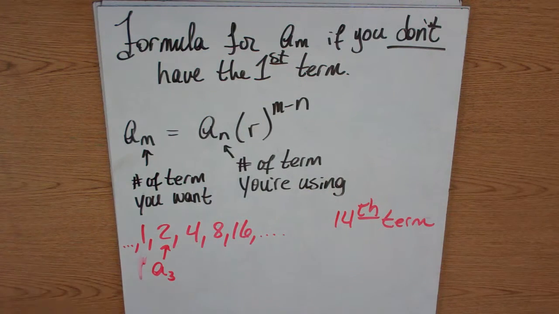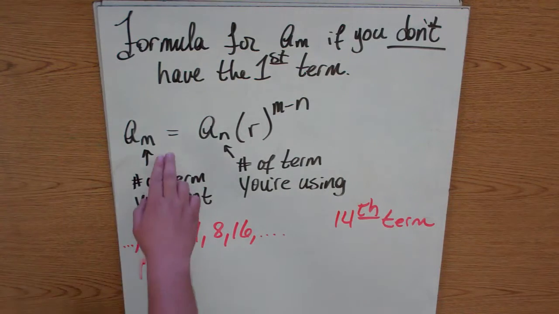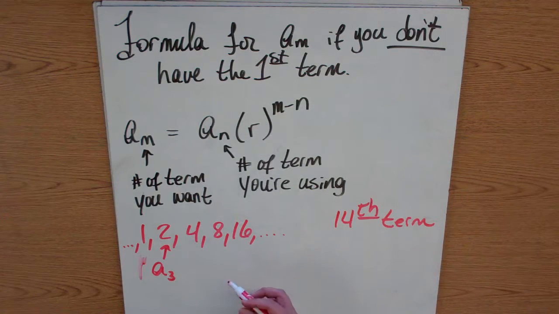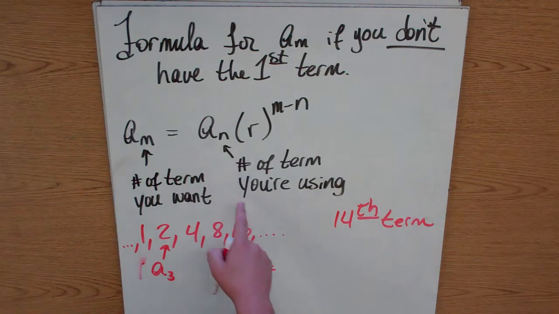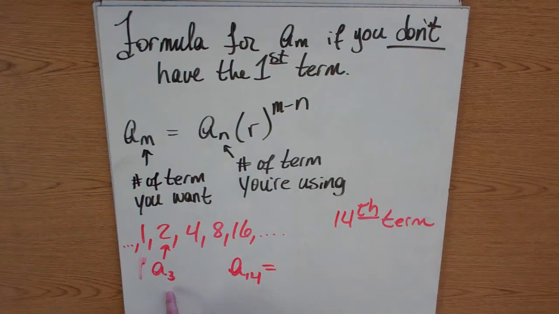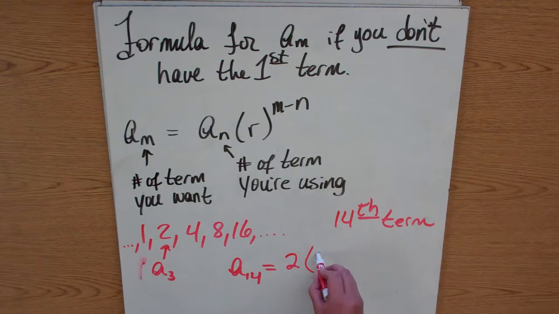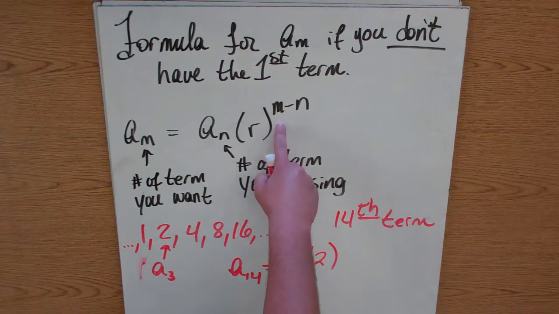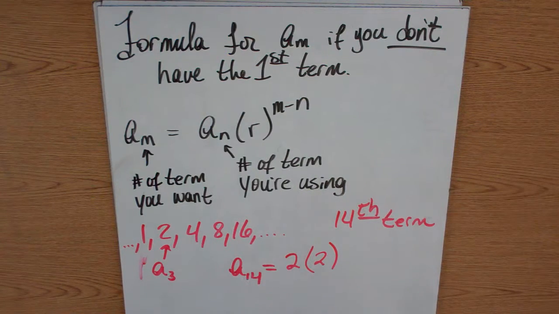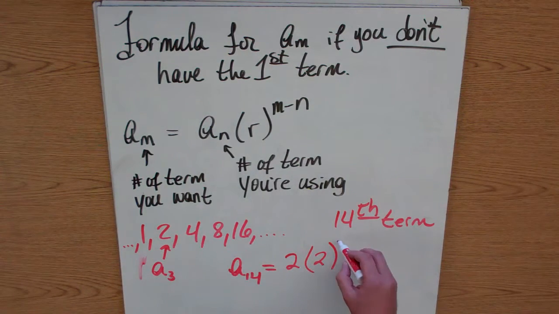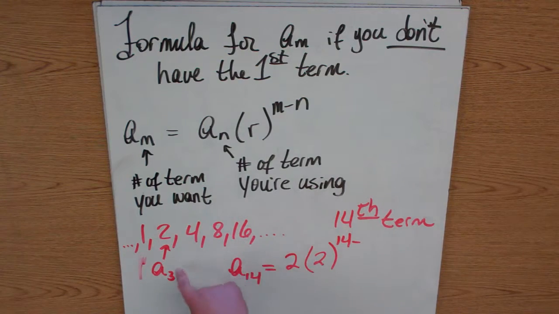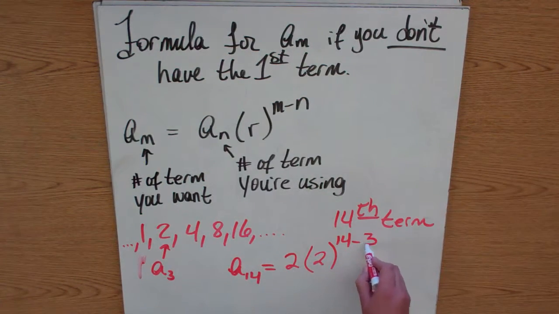So we're going to use our new formula. We're looking for the 14th term, so a sub 14 is going to equal a sub n, where n is the number of the term you're using. So we're going to use the 3rd term. So a sub 3 is 2 times our ratio. Well, 8 divided by 4 is 2, so our ratio is 2. Now m is the number of the term we're looking for, so that's 14 minus n, the number of the term we're using, which is 3.